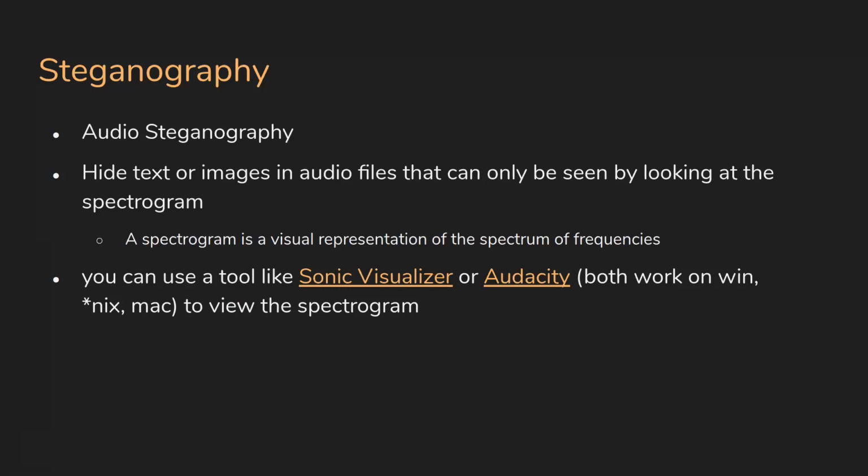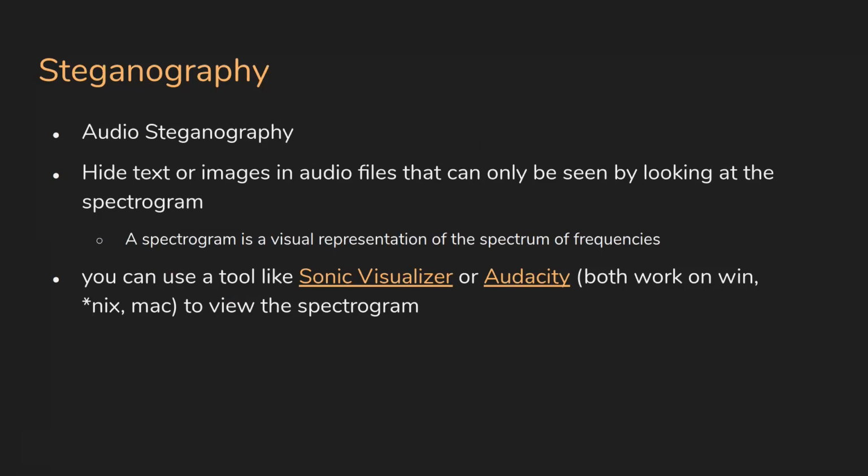Another type of steganography, which is not as common, but I think is way more fun, is audio steganography. Basically, you're hiding text or images in an audio file that can only be seen by looking at the spectrogram. A spectrogram is a visual representation of the spectrum of frequencies in that audio file.